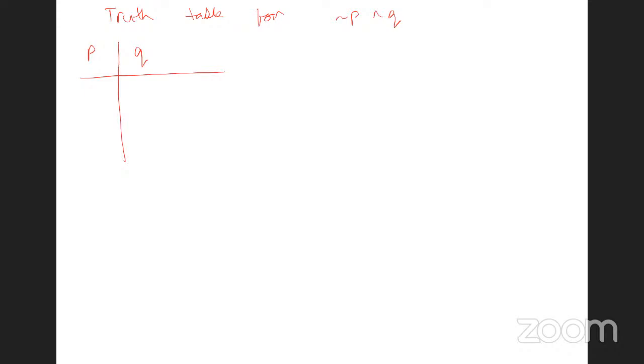In order for us to set up this truth table, we need to get not P, and then we apply the conjunction. So we need not P, and we need not P and Q. So here is true, here is true.